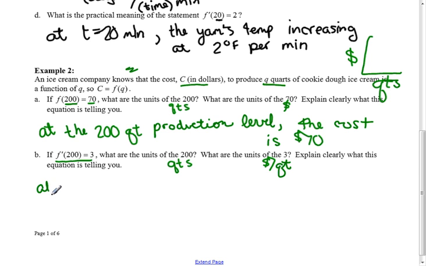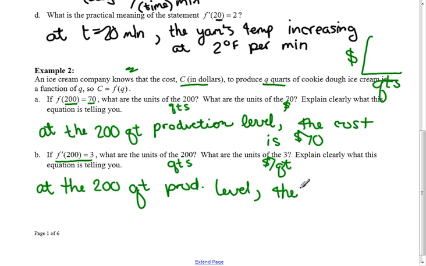Okay, the meaning of this. So again, at the 200, and if you could figure out a better way of wording this, you tell me. At the 200 quart production level, I'm going to abbreviate this because I already wrote it once. At the 200 quart production level, comma, the cost, and since the 3 is positive, the cost must be increasing.